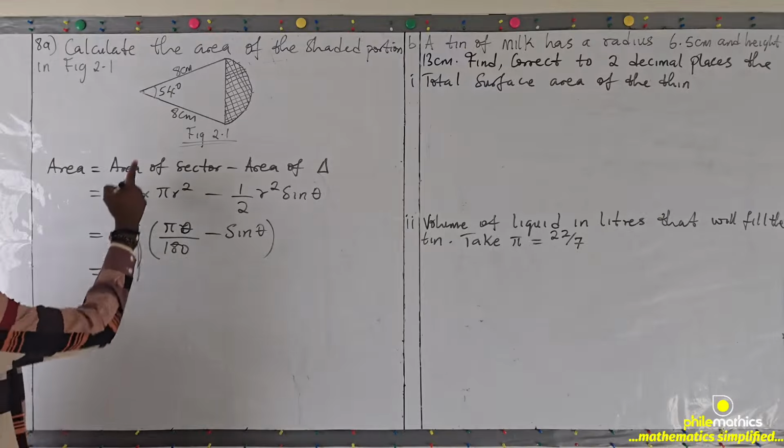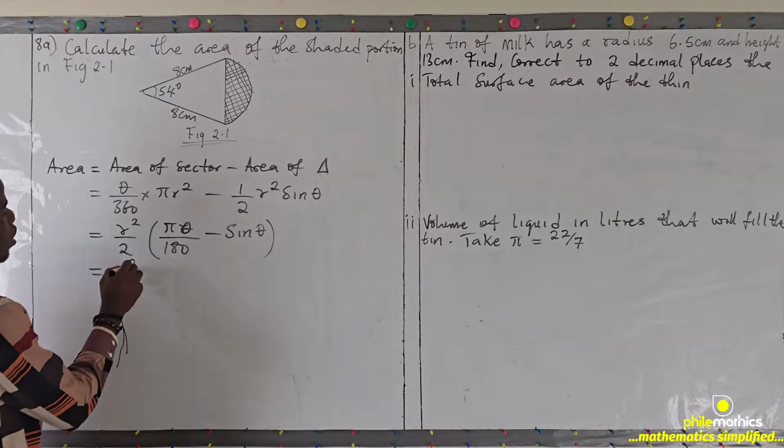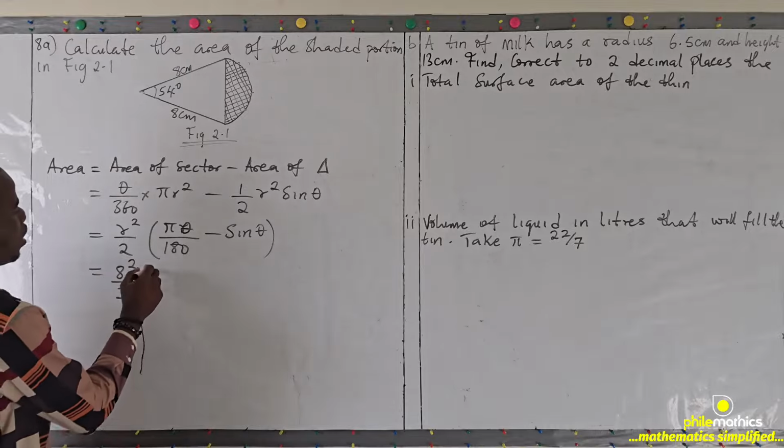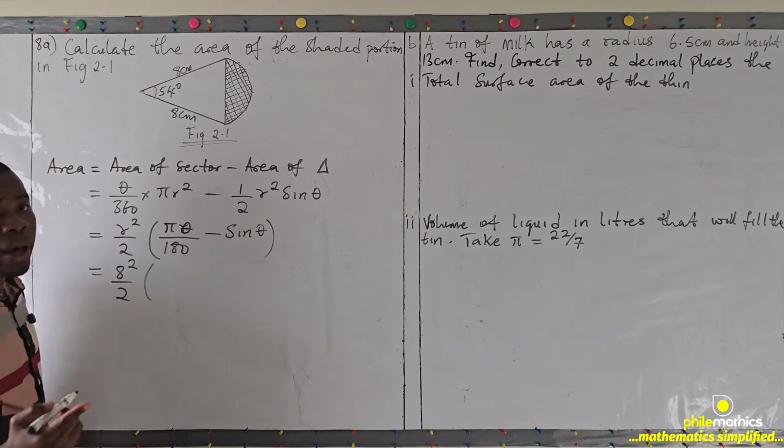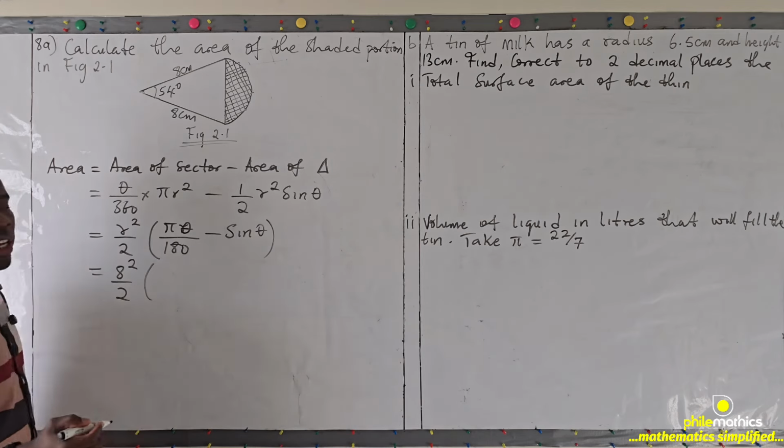So our r is 8, this is 8 square over 2, and since we're not given pi, it is okay to take pi as 22 over 7.